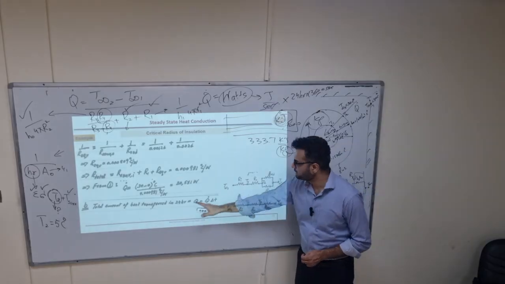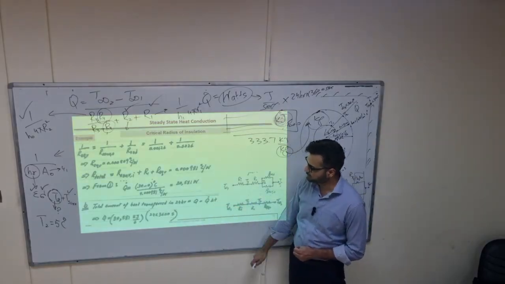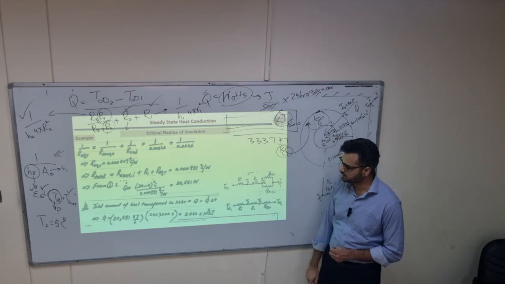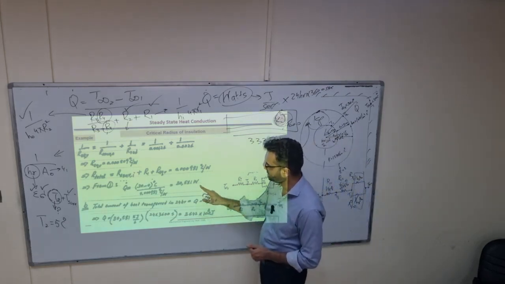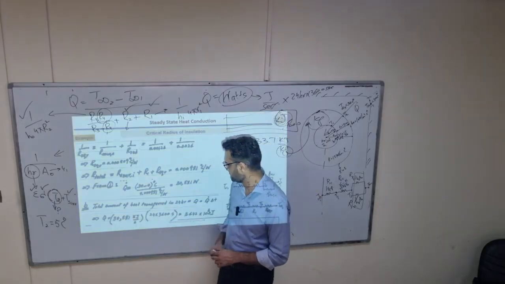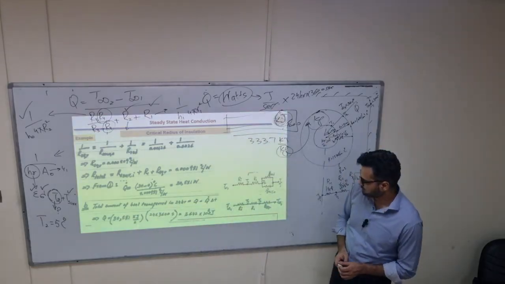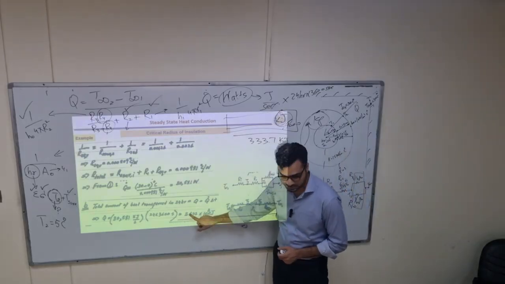So now, as I already explained, this total Q will be Q dot multiplied by the total time, which is 24 hours multiplied by 3600. So here is the answer in kilojoules. Here it is joules, so you have divided by 1000 also. After dividing by 1000 you get this answer.